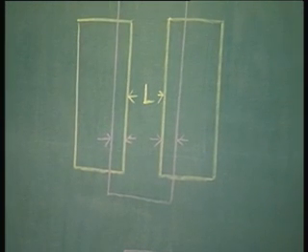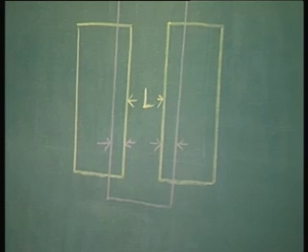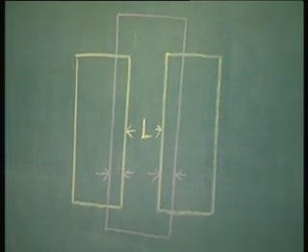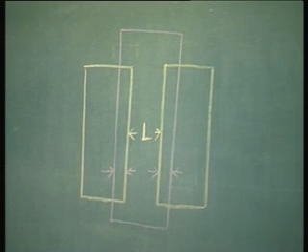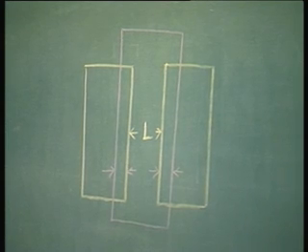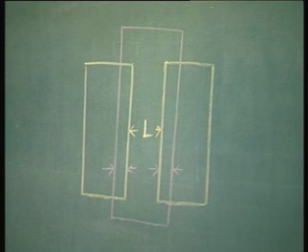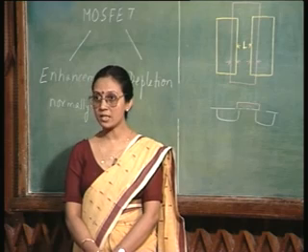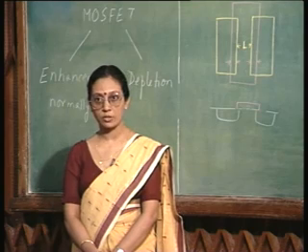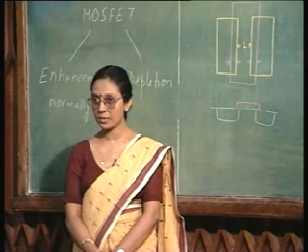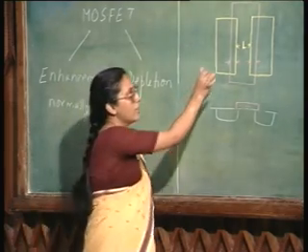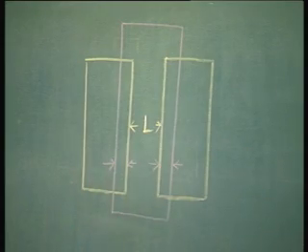So, that means that the second mask, the pink mask, the mask for the gate, must be precisely aligned to the first set of masks. You already have the first mask pattern etched on silicon. So, the second mask before doing the gate oxidation must be critically aligned to the first pattern, so that I have this overlap in both the directions.